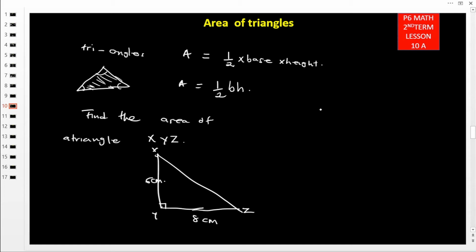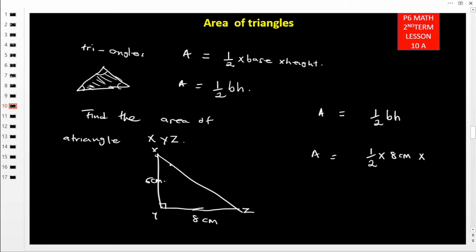To get its area, we have to write the formula first. It is a half base times height. You skip a line, then write area is equal to, and we substitute in the base. The base is this lower line, the bottom line where this angle sits. It is 8 centimeters, then times our height.